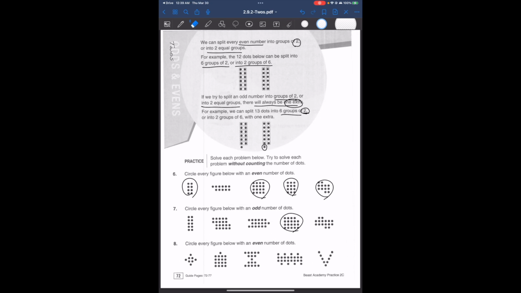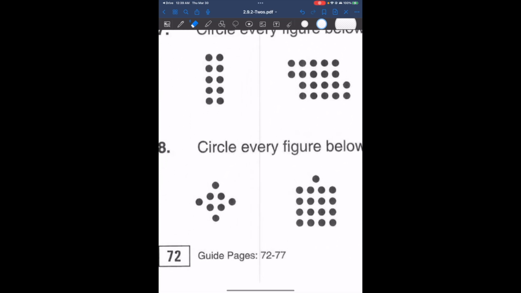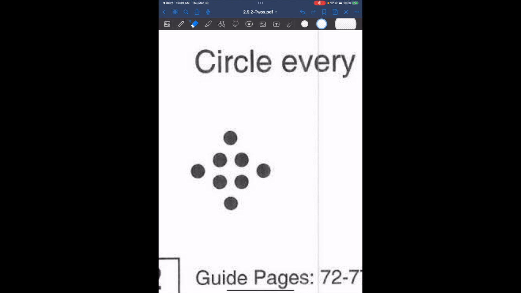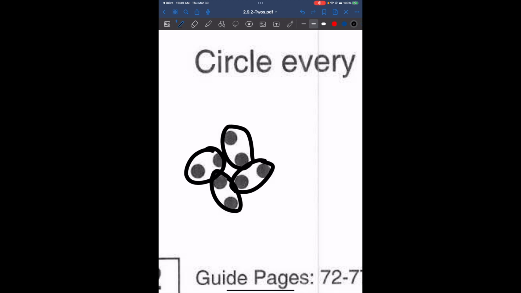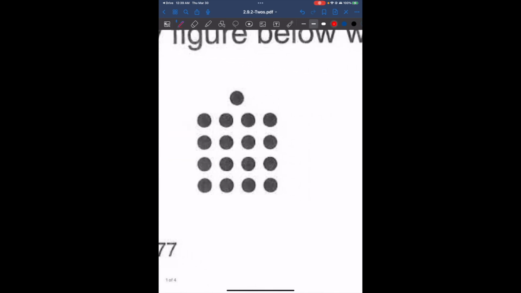Now we'll look at problem 8. Circle every figure below with an even number of dots. So again, since it's hard for us to identify based on the shape, we're going to try grouping 2 dots, so multiple groups of 2 dots. That does work, so that's even.